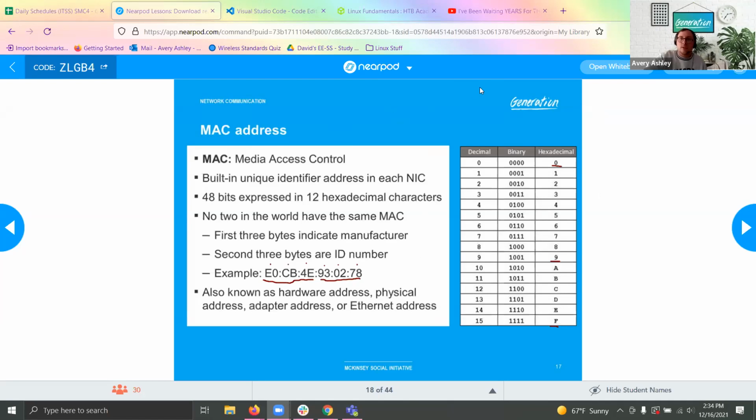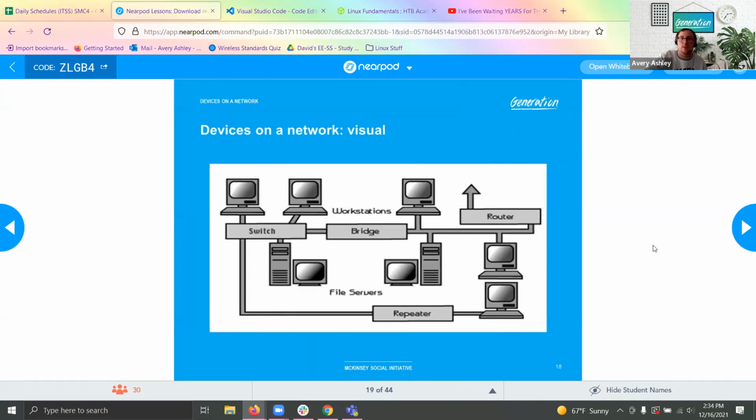All right. Let's clear this. And so this is what you might see in an already created network. We'll get into switches, bridges, routers, repeaters in the further slides, but everything is connected in some way.